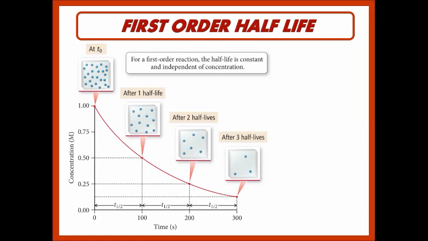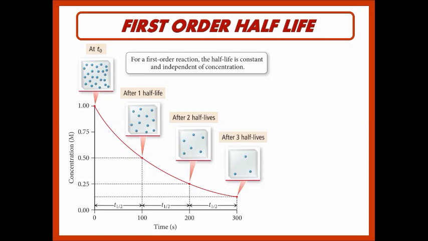So if we take a closer look into a first order half-life, which is independent of initial reactant concentration, we can see that as time proceeds, the concentration decreases to 1/2 of the initial concentration. So for example, in this reaction, the half-life is 100 seconds. The reactant concentration started at 1 molarity, and after those 100 seconds, after the half-life has passed, it decreases to 0.5 molarity.